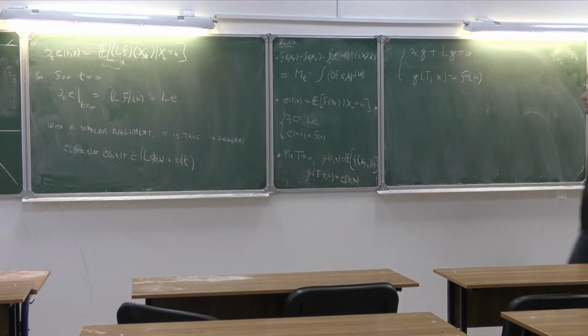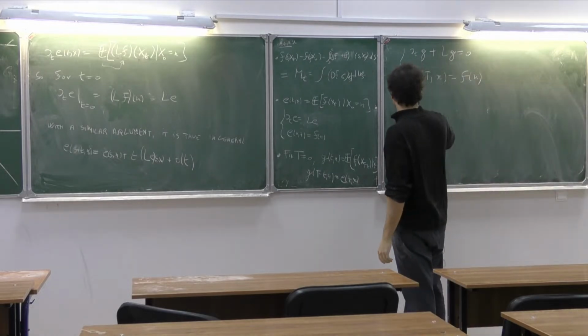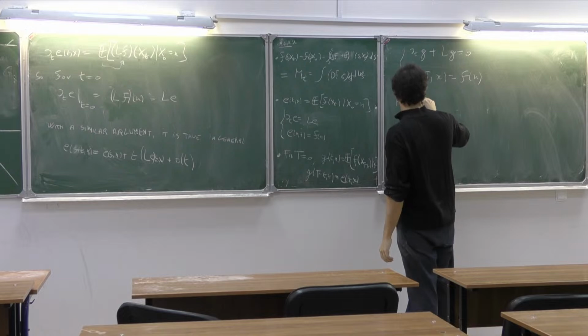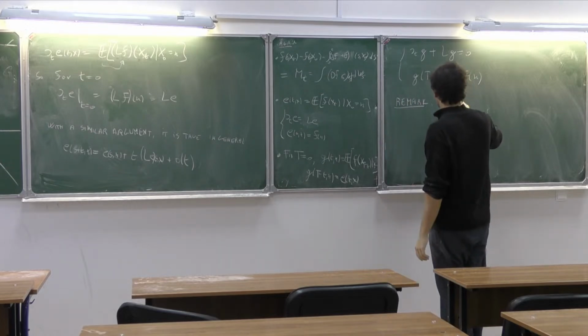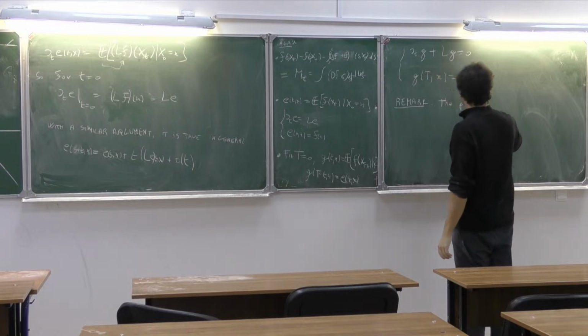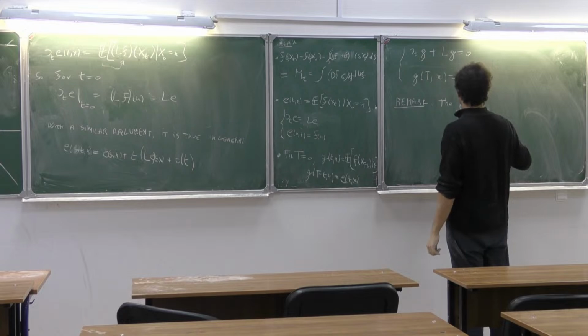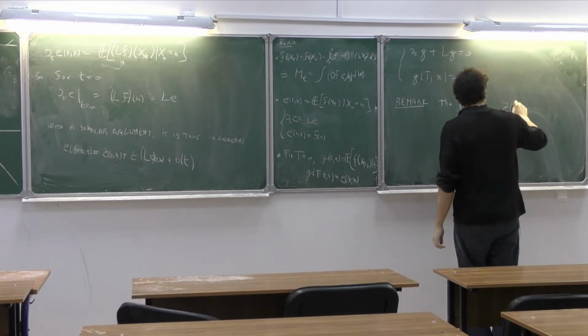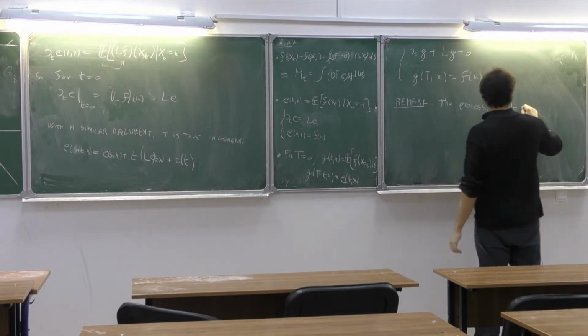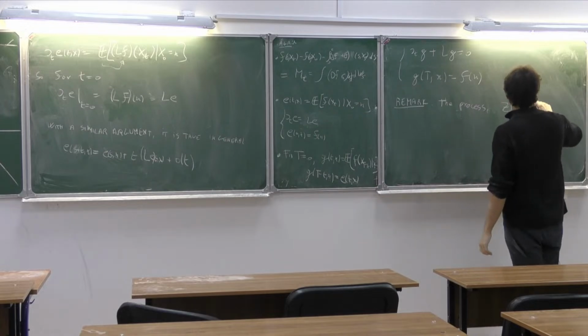And so let's make the following simple remark. The process Z_t, now this is a bit of a weird process, is g of t and X_t.